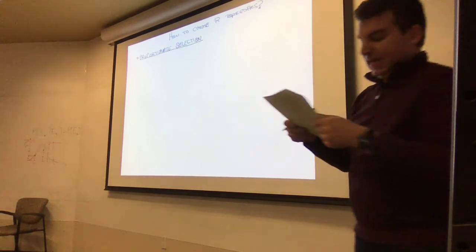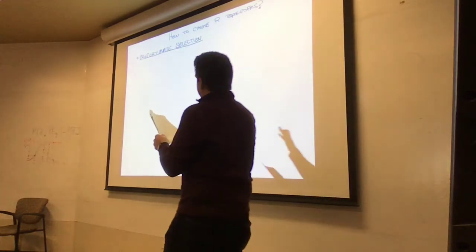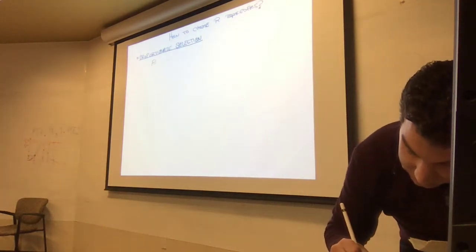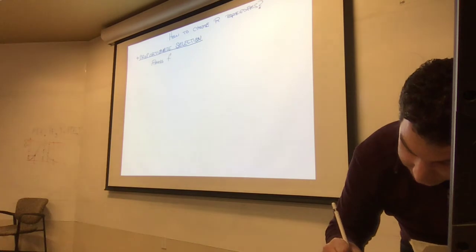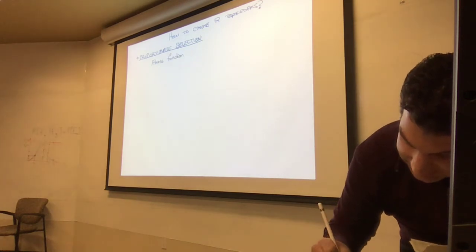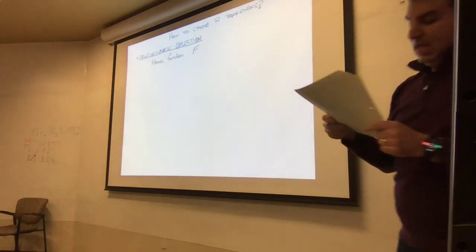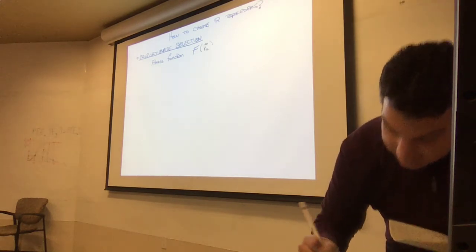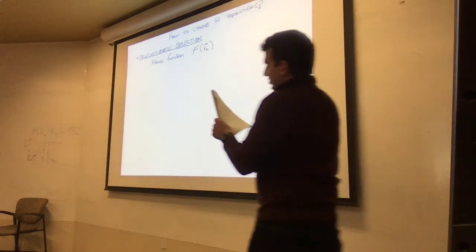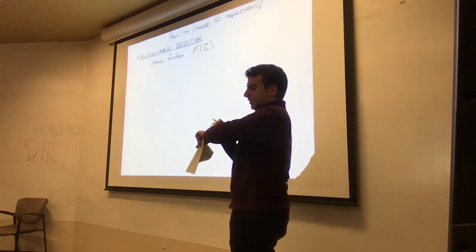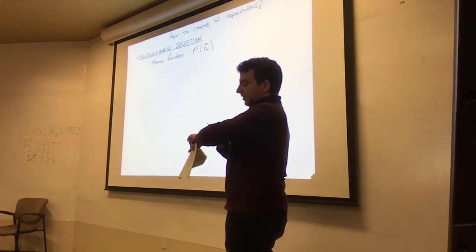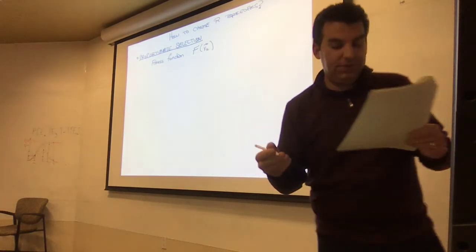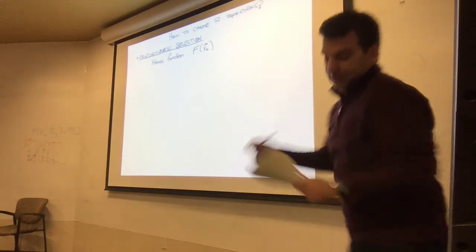In this case, I create a fitness function, which I will write as capital F, and it maps the optimization objective onto a positive number.